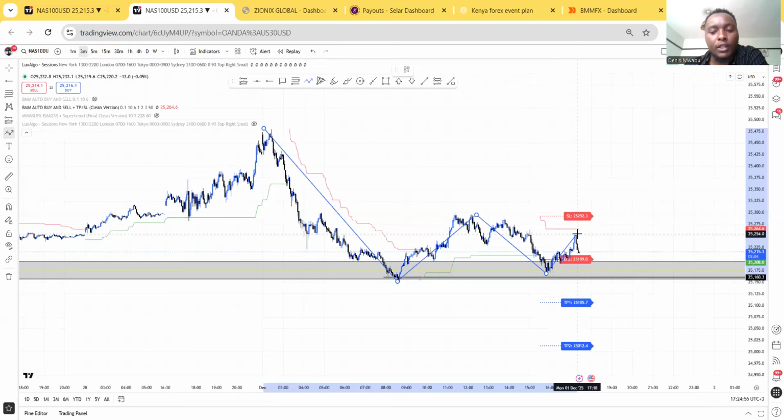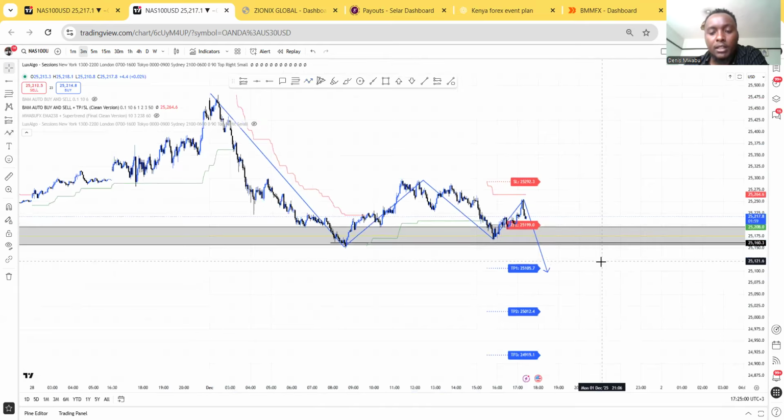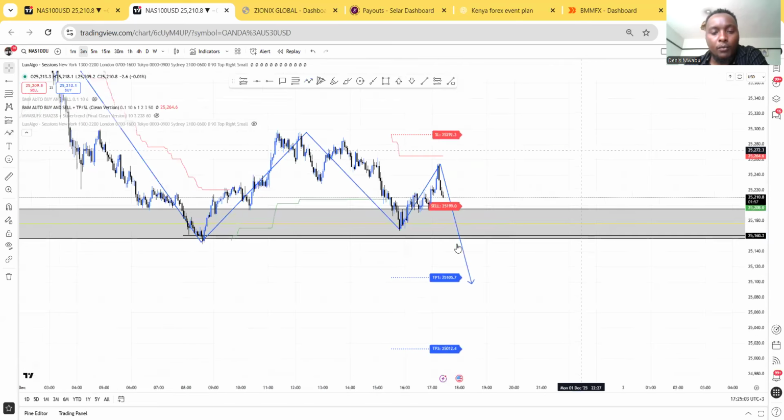So we are looking for the sells. Where will we be getting into our sells from? It is when price breaks this from the downside. We can take a look at that.